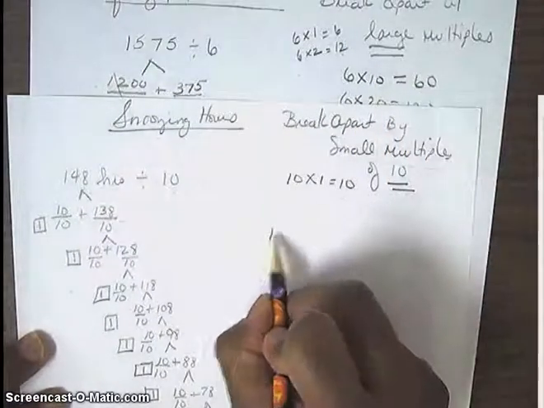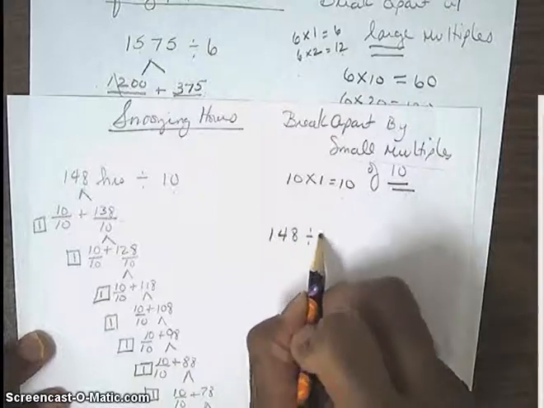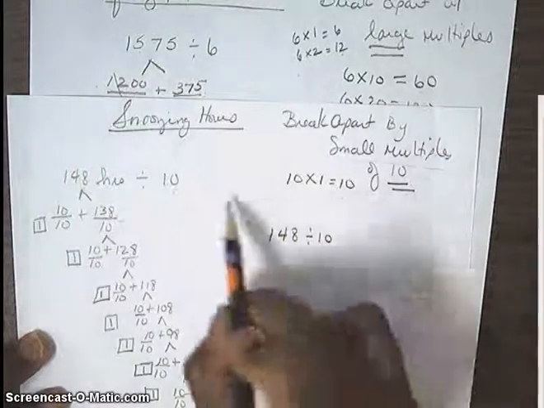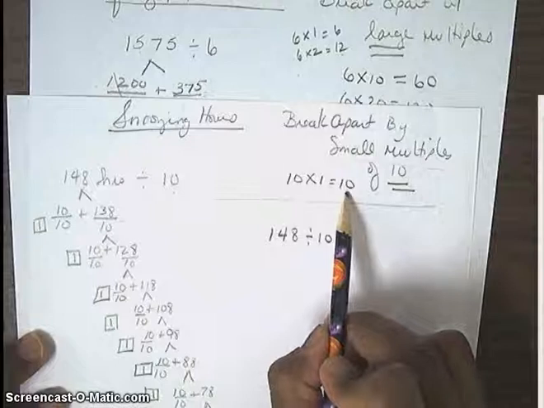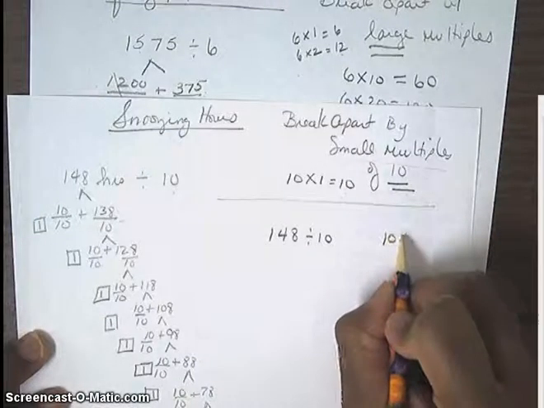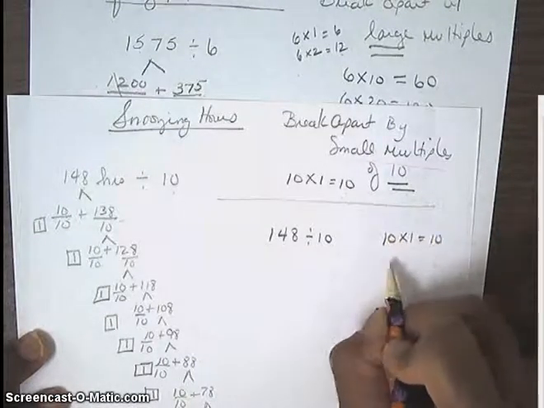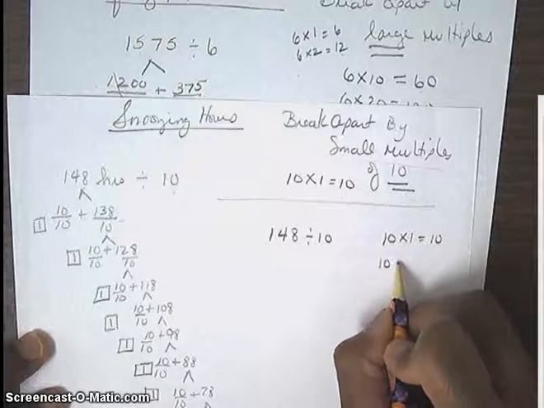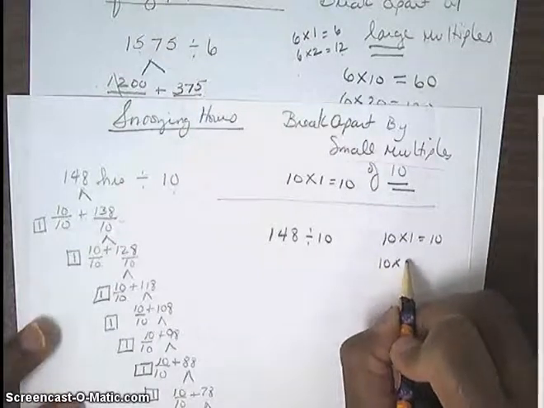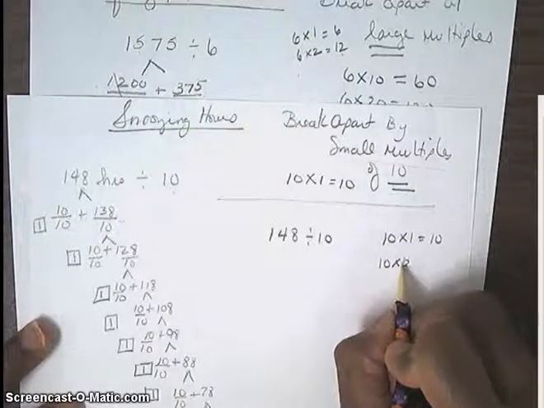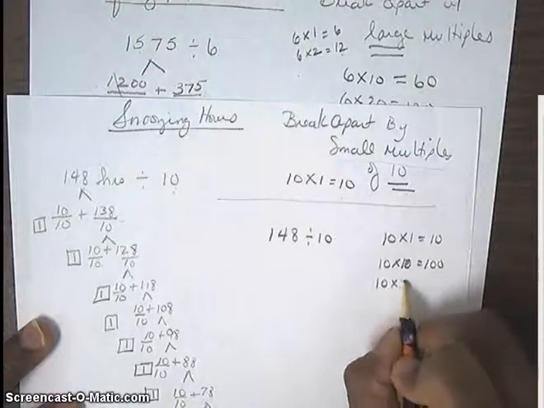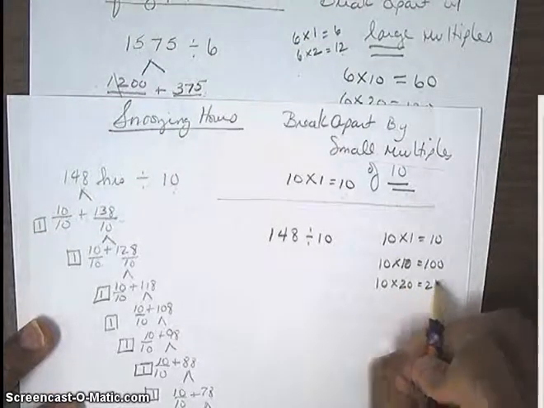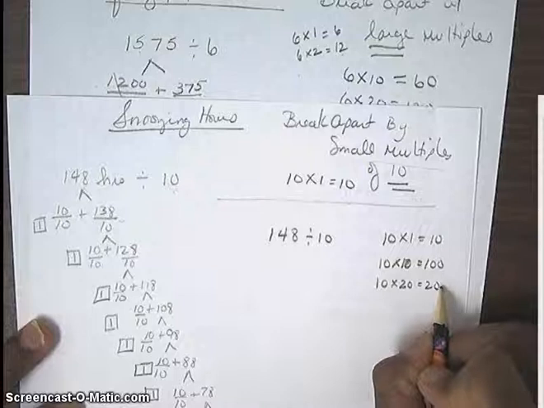So what I'm suggesting is, go back to this problem, and instead of just using 10 times 1 is equal to 10, I want you to also think of 10 times 10 is equal to 100. How about 10 times 20 is equal to 200?